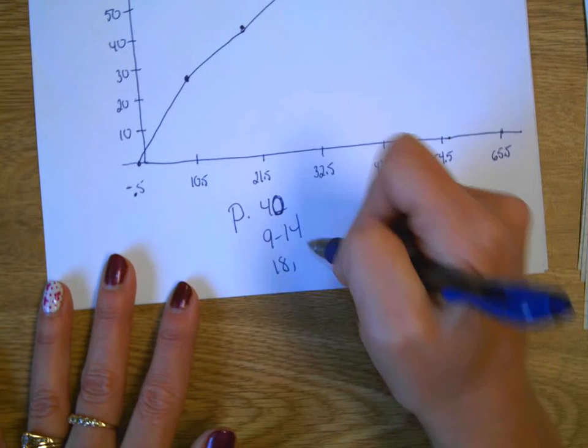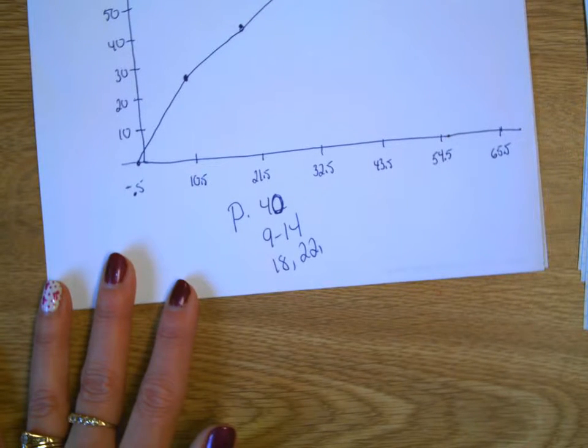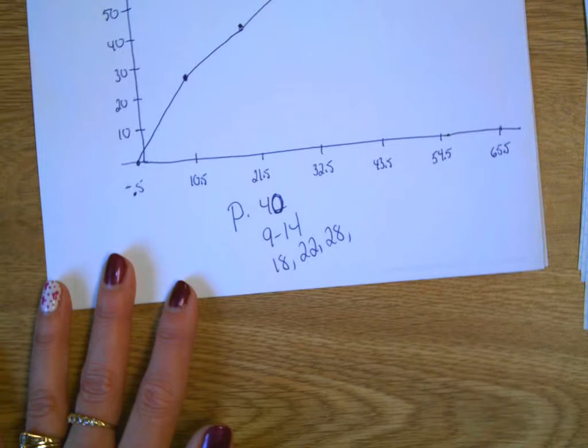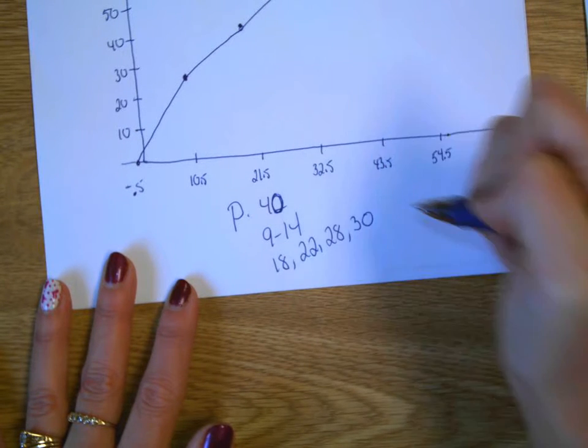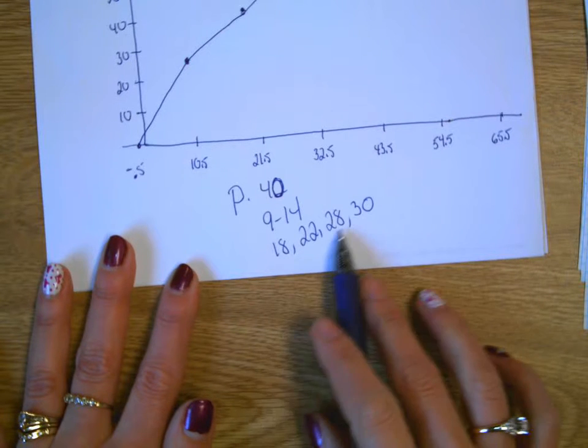Let's go 22, cumulative frequency and an ogive. Let's go 28, and a frequency polygon, 30. So there's one of each graph there. What you're going to have to do, though, is make the table for each one of these.